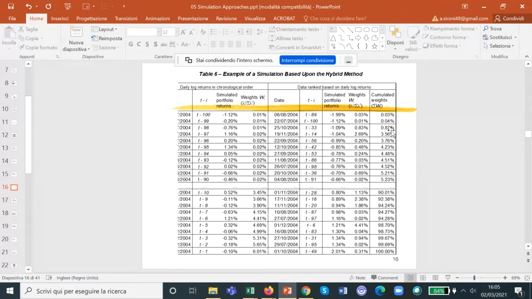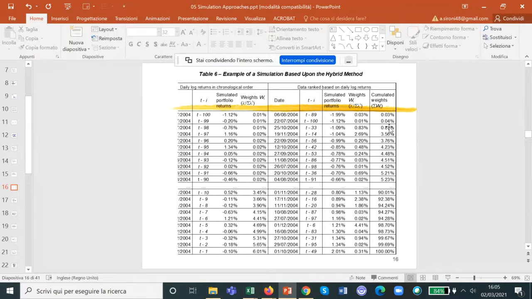So that's the way the hybrid approach works. It's basically a historical simulation where we give more weight to the recent data than to the very past ones. This approach is quite commonly used in the market because, remember, if I use the hybrid approach and give more weight to the recent data, I get a more reactive estimate of value at risk than with simple historical simulation.